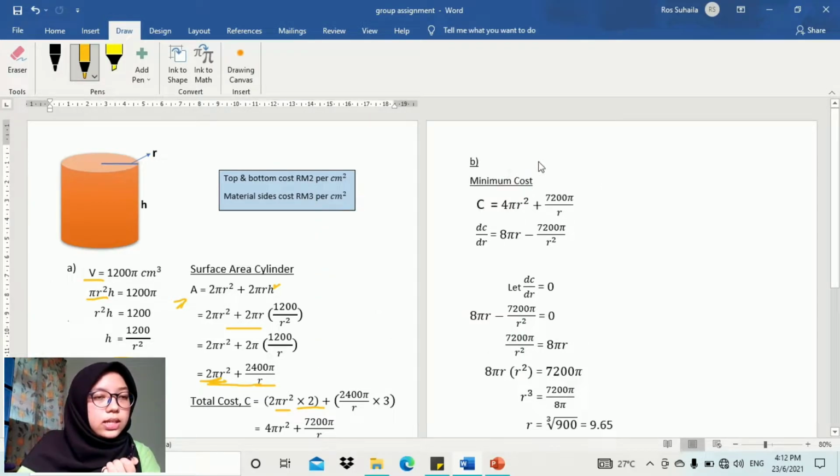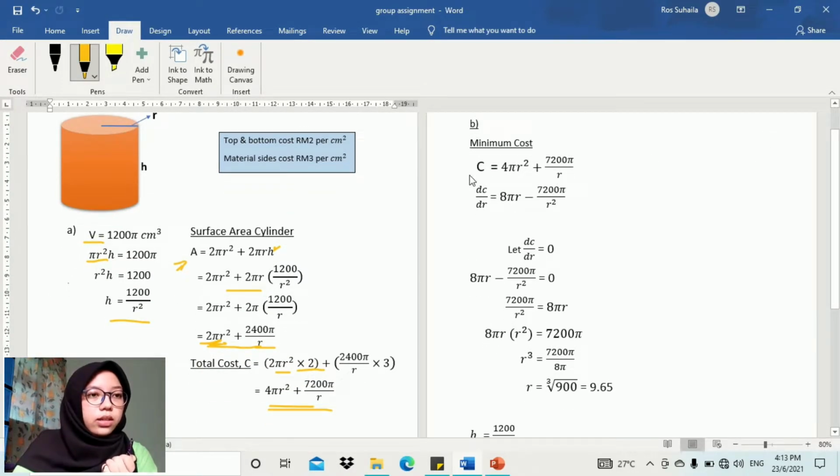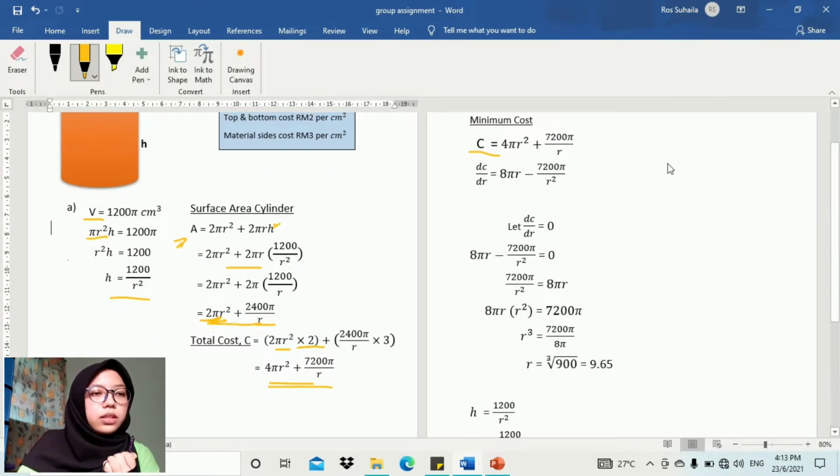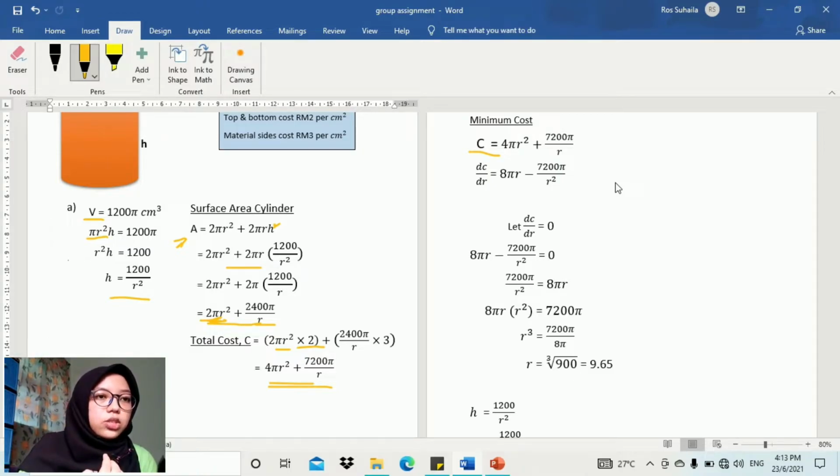Next question B. We want to find the minimum cost of constructing the cylinder. Okay, as we got earlier, C equal to 4 pi r² plus 7,200 pi per r, right? So we must differentiate it. And we get 8 pi r minus 7,200 pi per r².